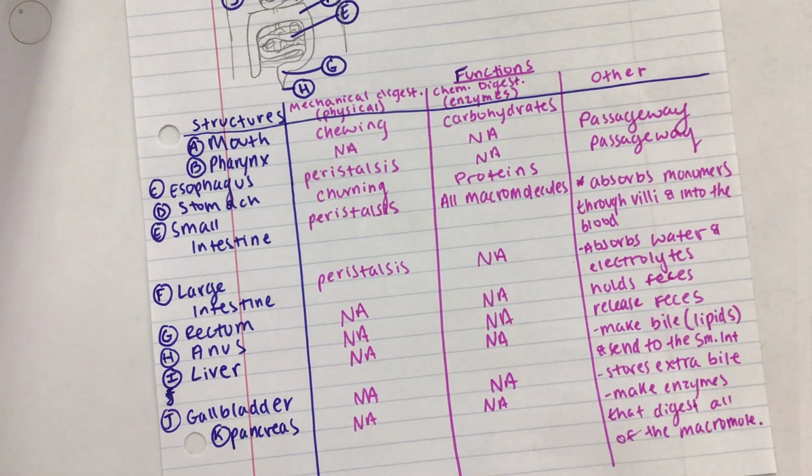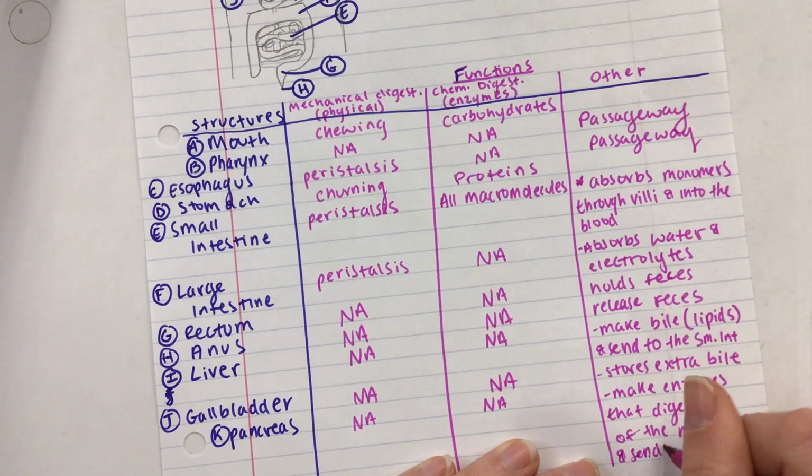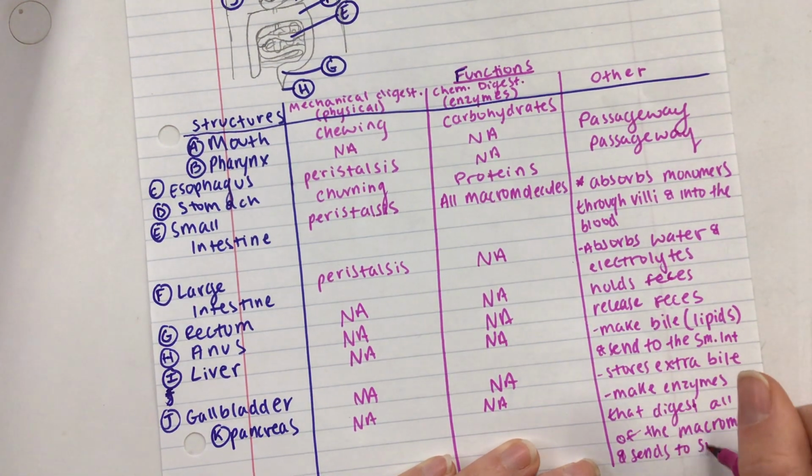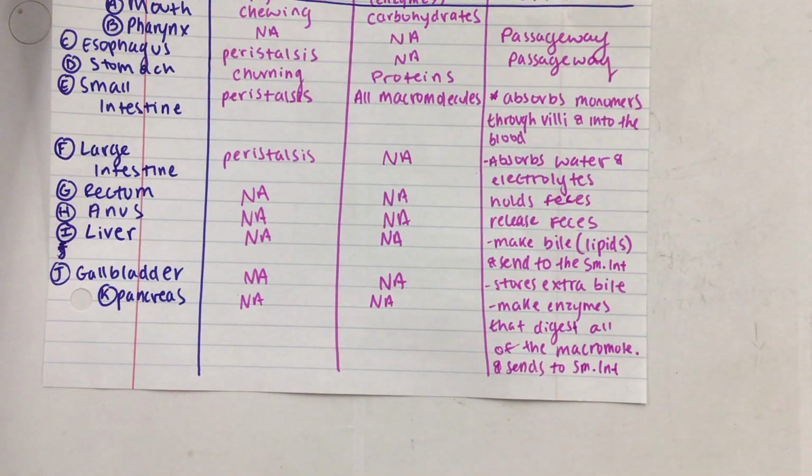Okay. And send these enzymes to the small intestine. So it's going to help that small intestine break down all those macromolecules. It makes tons of different types of enzymes that will send along when it gets a signal that food is there in the small intestine and it needs to be broken down.